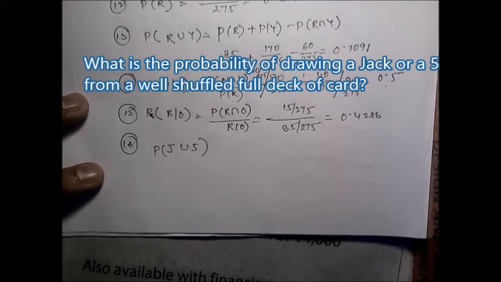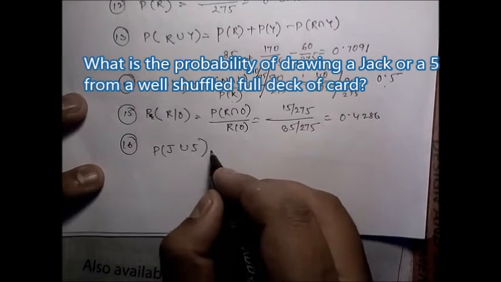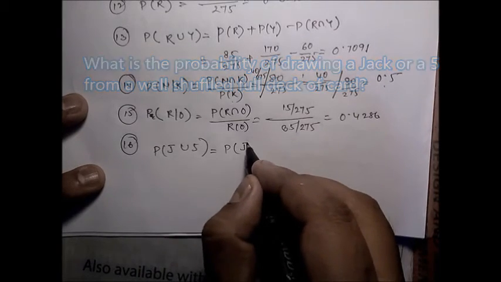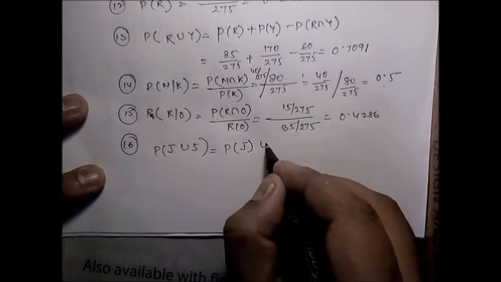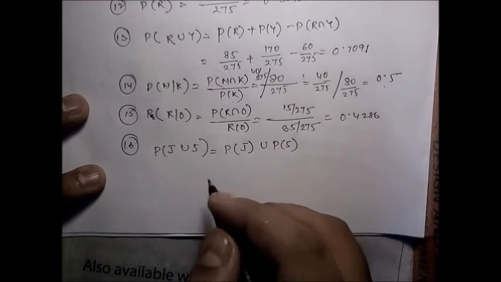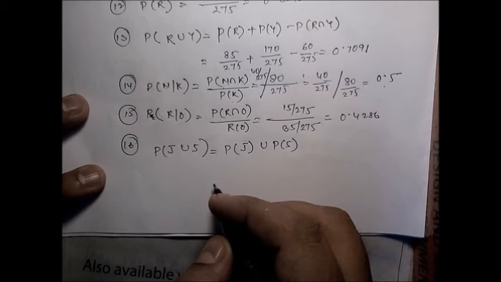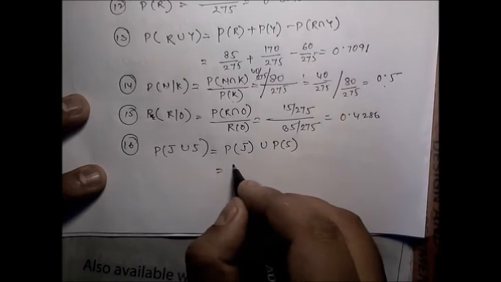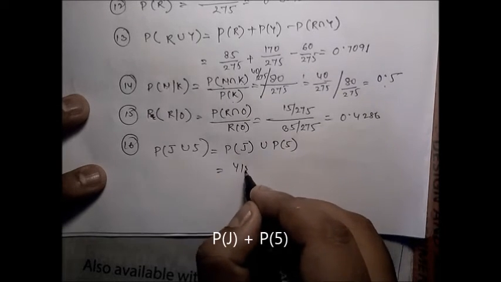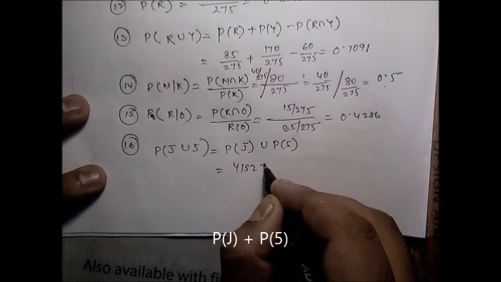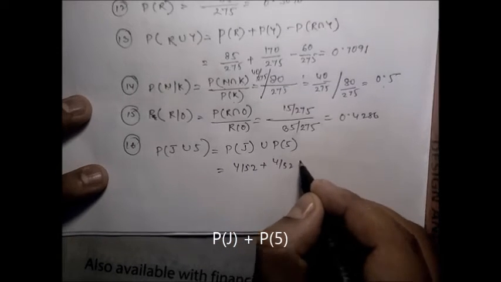These are non-overlapping events, so we can write probability of J union probability of 5. How many jacks are there? 4 by 52. And how many 5s are there? 4 by 52.